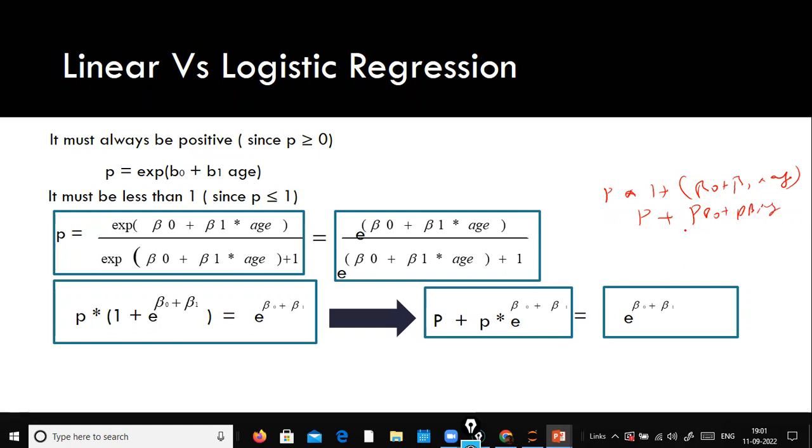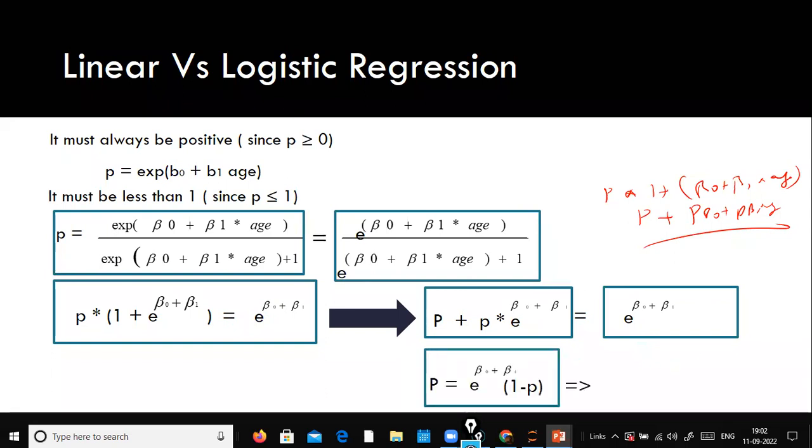But here P is common, hence you take P outside, and you can write it this way also. And if you take the inverse of the log, it will get simplified like this. P into 1 is P, and P into it is beta naught. See, the same thing as whatever I did here.